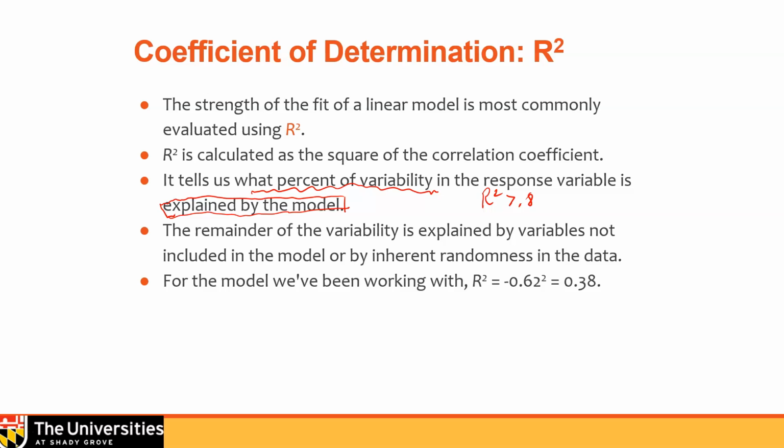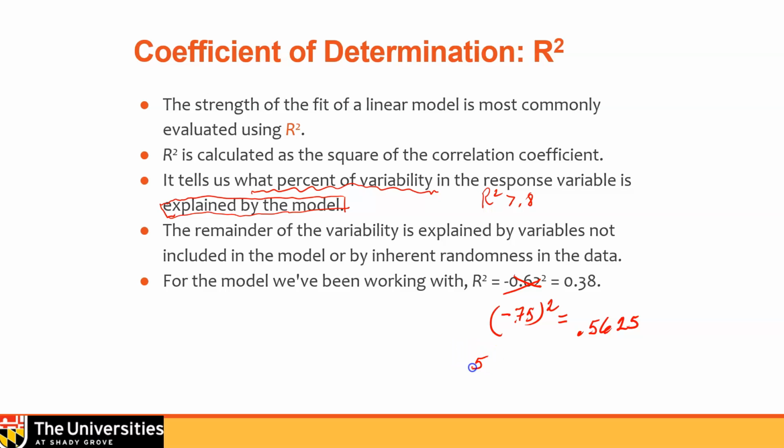The correlation coefficient that we had was negative 0.75, if you recall, for our data. If we square that, we end up with 0.5625. So that's what R squared would be in our case.